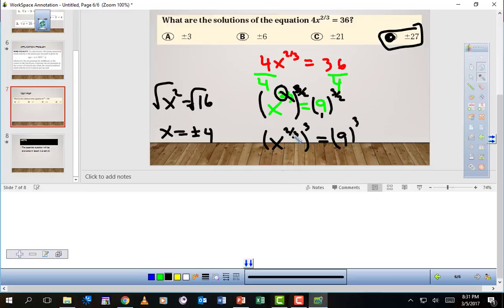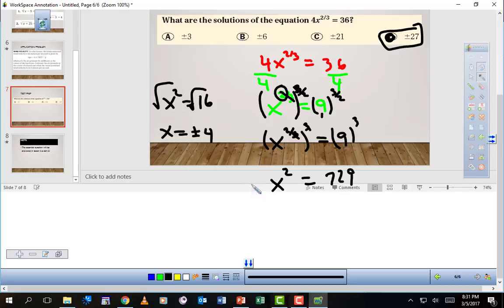Okay, and then these 3's would cancel, and so then we'd have x squared here is equal to 9 times 9 times 9, and we would have a 729 here.